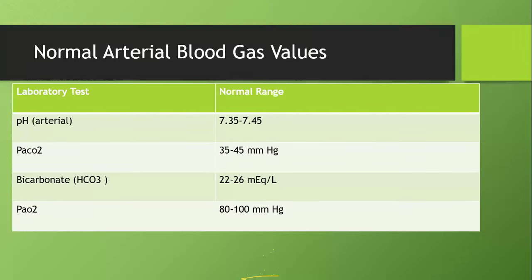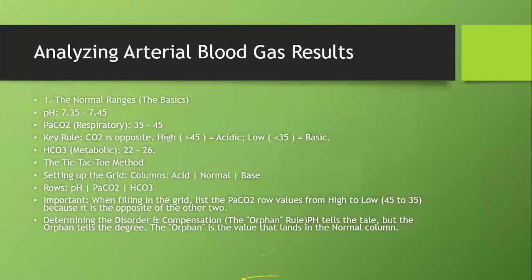What I have here, I don't want us to go through it. We are going to use examples to explain everything. So when it comes to ABG interpretation, we are going to use what we call the tic-tac-toe method. Let me start my tic-tac-toe method. Let me draw it here.